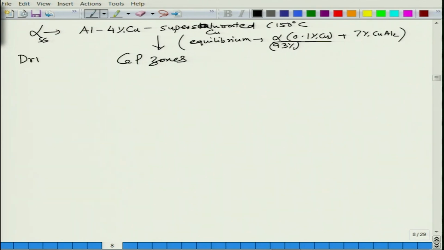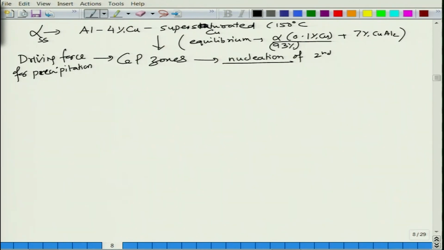So, driving force for precipitation, and this leads to formation of GP zones, which happens via a process called nucleation. Nucleation of the second phase happens first via formation of GP zones.